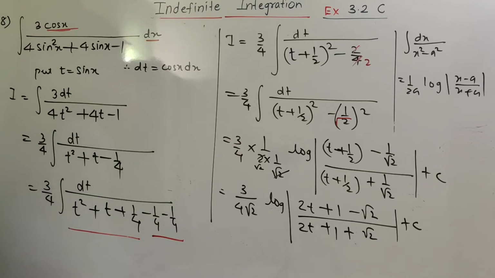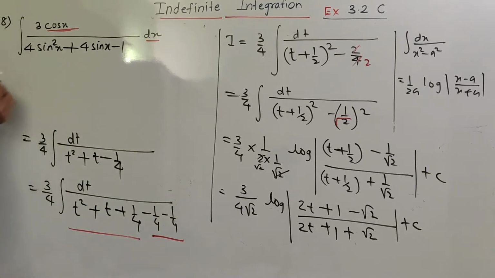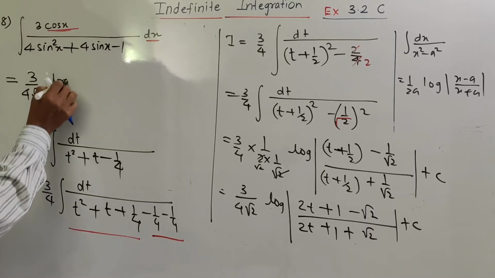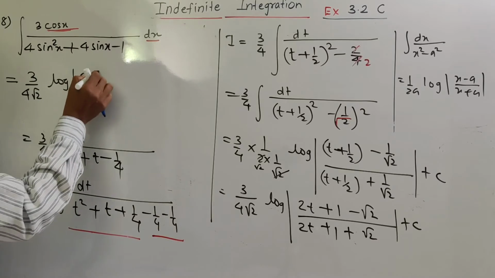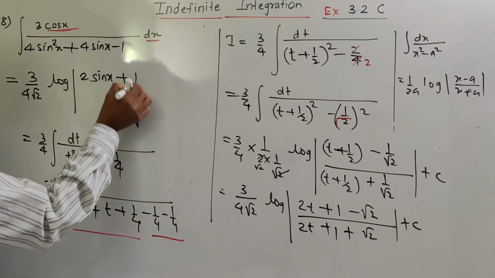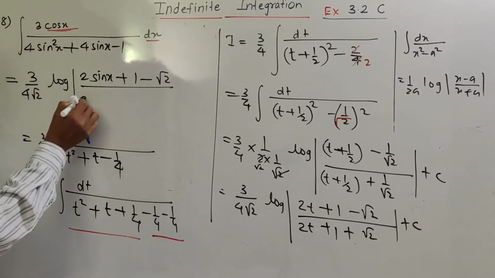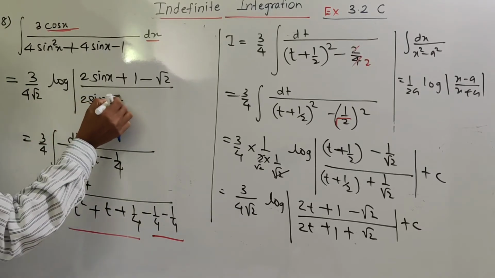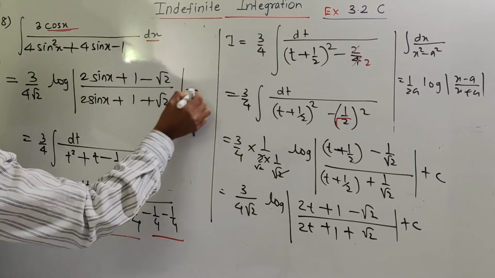Now t is sin x. So our integral is equal to 3 upon 4 root 2 log of (2 sin x plus 1 minus root 2) upon (2 sin x plus 1 plus root 2) plus c.